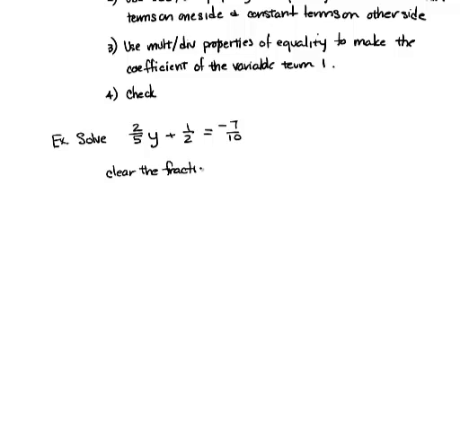And we do this by multiplying both sides of the equation by the LCD, least common denominator. So what is our least common denominator? We have a 5, we have a 2, and we have a 10, right?